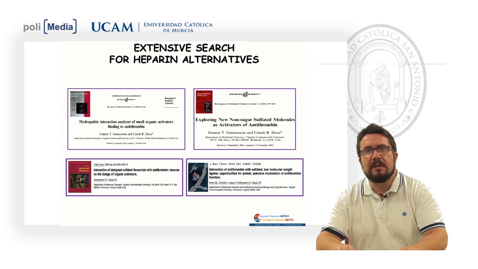So, what did people usually do in such contexts? Basically, regarding the bibliography, they focus on the structure of heparin, and they try to derive some similar molecules. Well, in some cases, some interesting results, but still the same side effects.